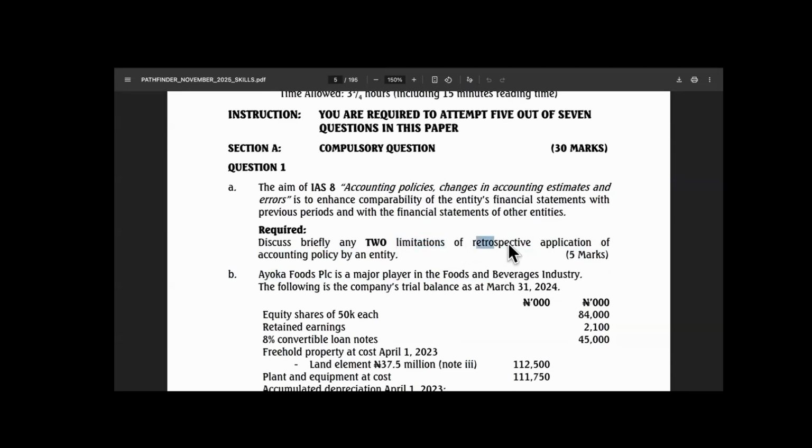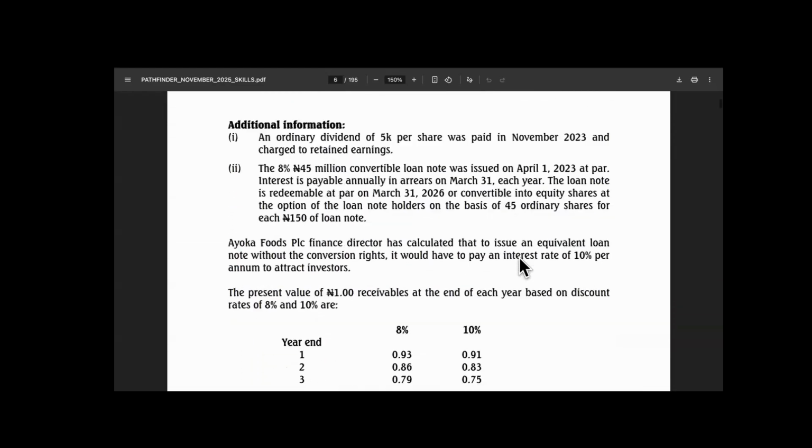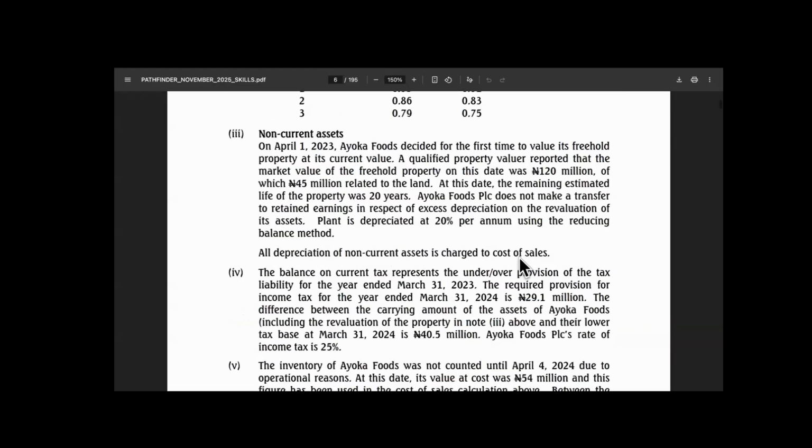I know we talked about retrospective application, but we didn't talk about limitation. But they can figure it from our discussion. When we get there, I will ask you and see if we can come up with anything. They will discuss, but limitation, it now takes you being able to think, to get your additional 2.5 marks, right?